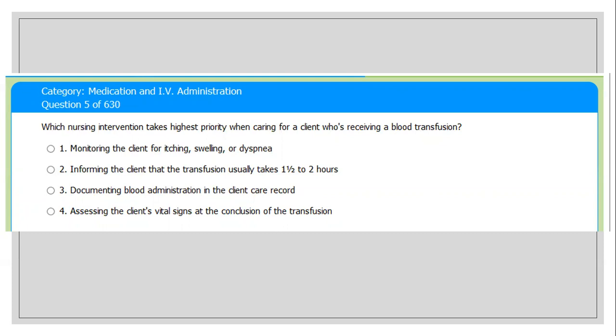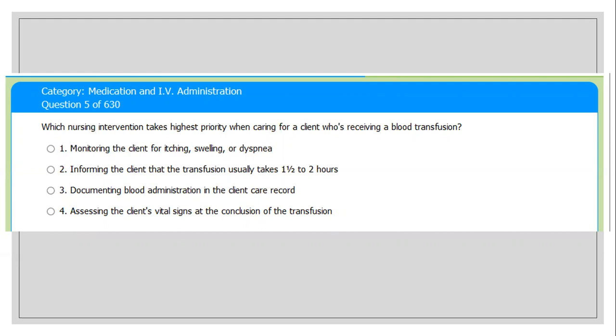And also, assessing the client's vital signs at the conclusion of the blood transfusion, right? So there are 4 options. Which one is the most important for the patient undergoing the blood transfusion?